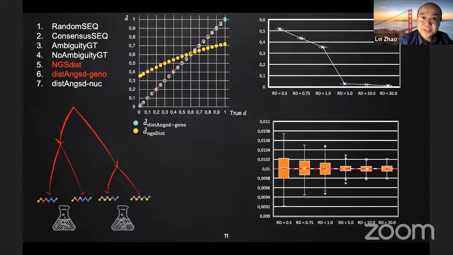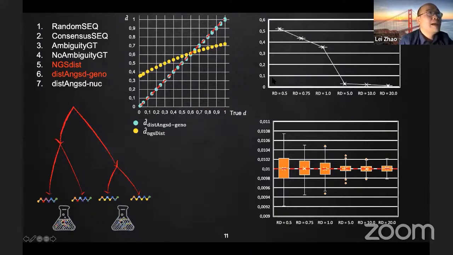Then the expectation should be that when the read depth becomes smaller, the mean of the estimator should stay the same, but the variance should change. When the read depth is smaller, you can imagine the variance becoming larger and larger, but you shouldn't expect the mean to change that much.